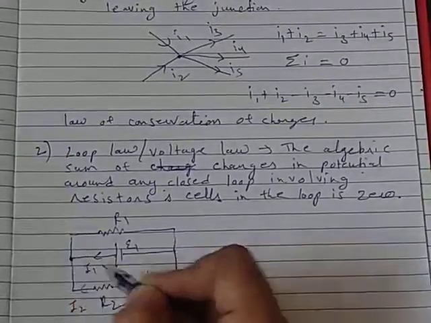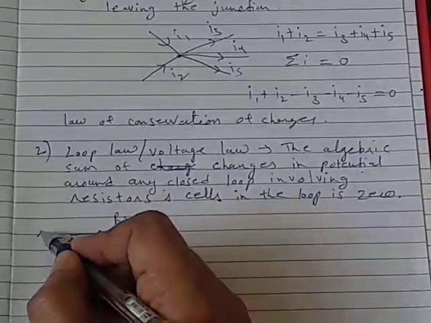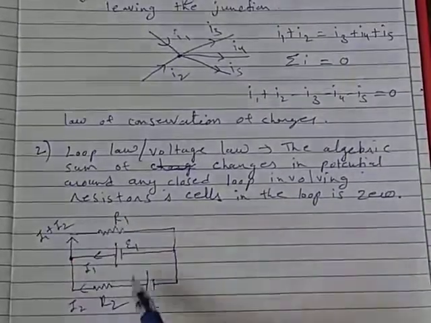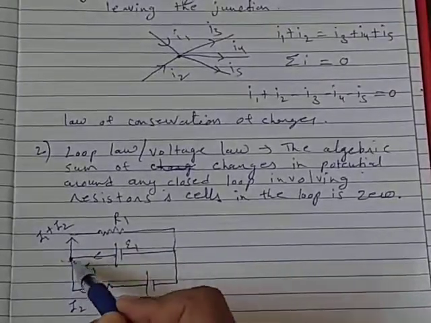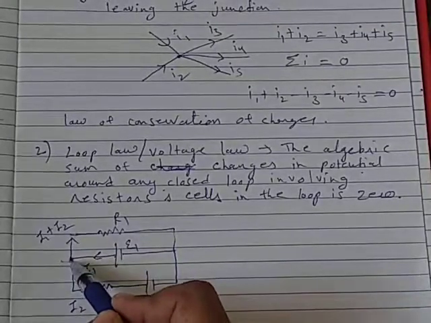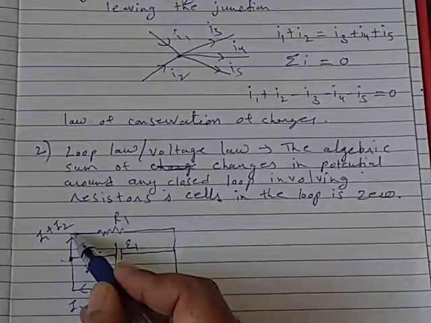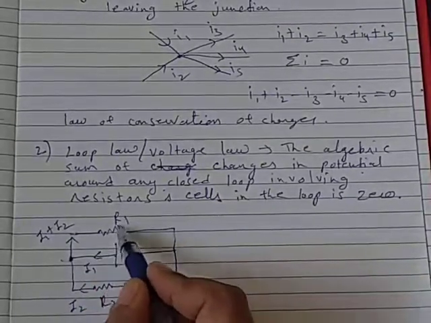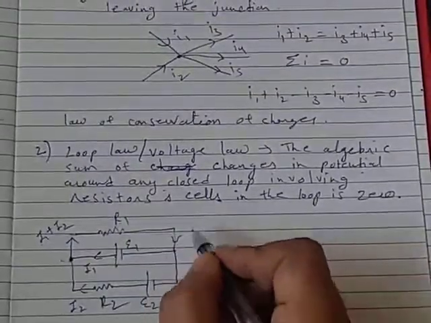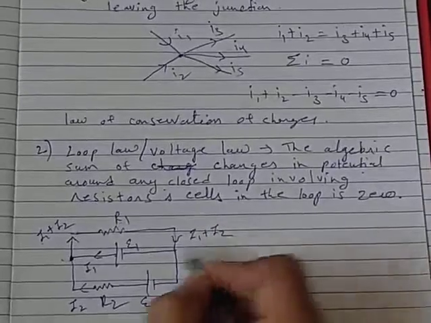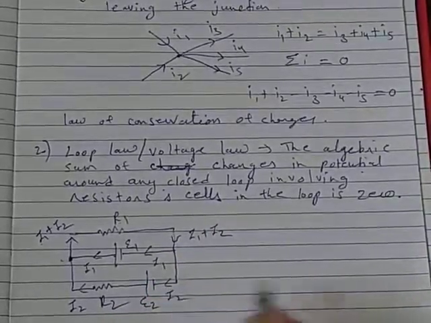This point is the junction. Here the current I1 plus I2 will go through R1, and then here again I1 plus I2 will come, then I1 will go here and I2 will go here.